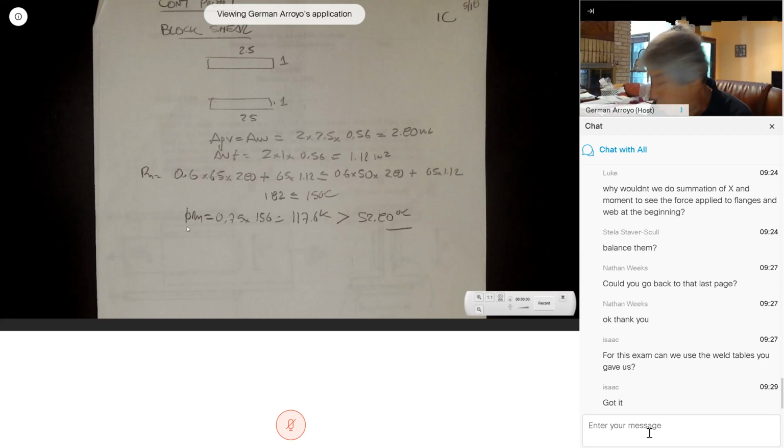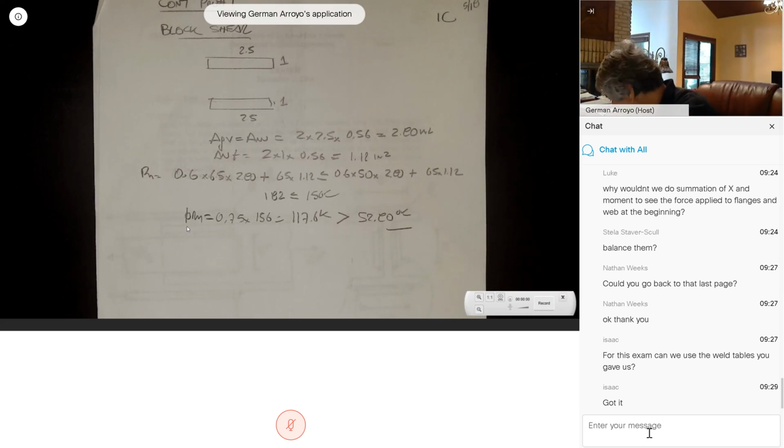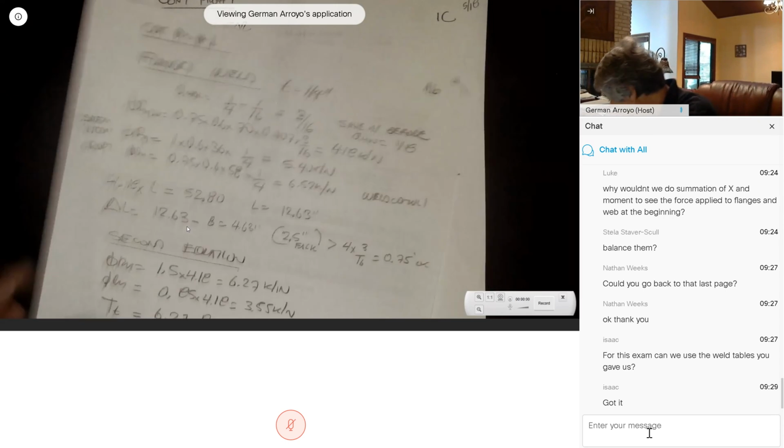So I'm going to go to the second problem, and it's 9-29. I'm going to jump to a column and come back to the second problem. The second problem is also weld.